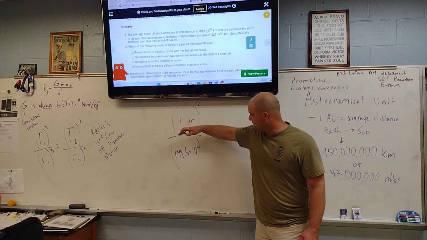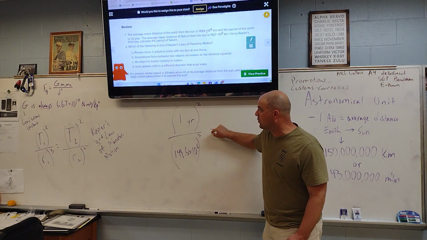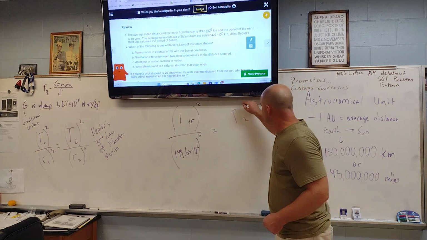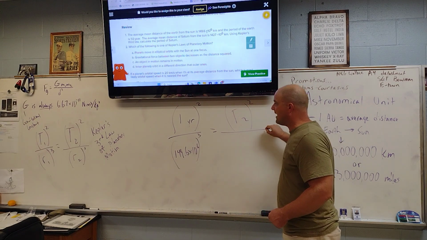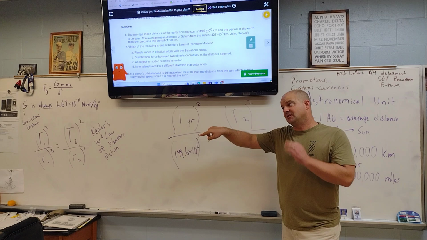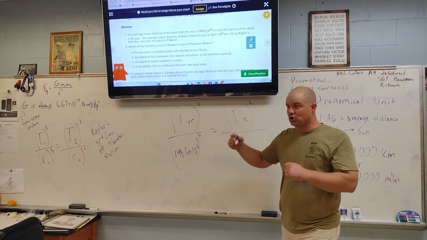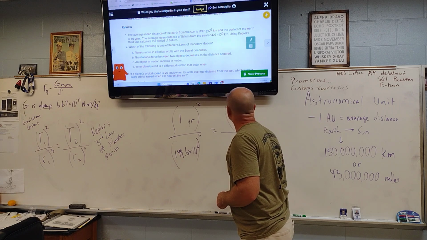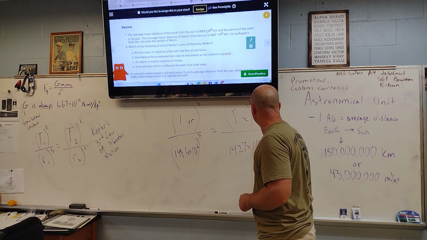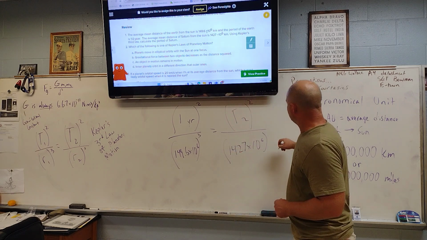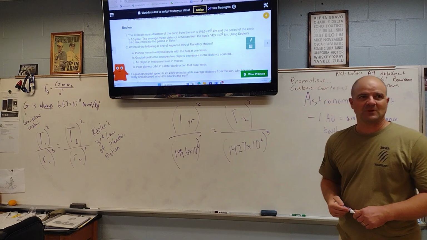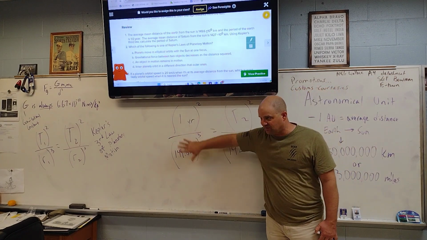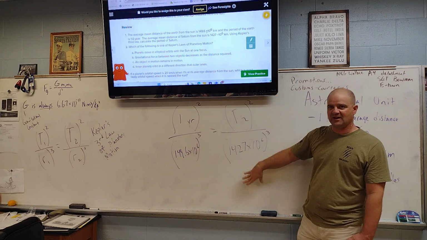This, if you divide this by that, it will equal T2, which is the orbital period for Saturn, squared, divided by the distance of Saturn to the Sun cubed. So the distance of Saturn to the Sun is 1427 times 10 to the 6th. And that's cubed. It's an equation. We know it's true. This divided out is equal to this divided out.